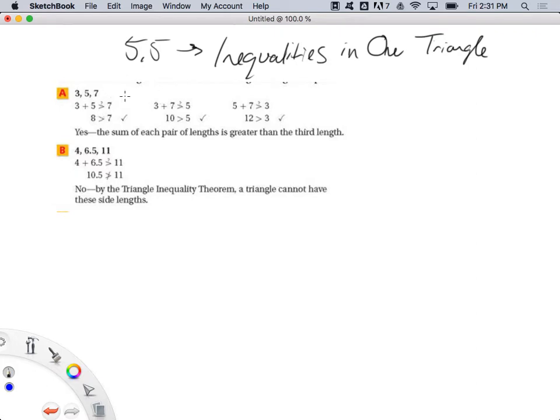That's good. 3 plus 7 is 10, which is bigger than 5. That's good. 5 plus 7 is 12, which is bigger than 3. That's good. So this can be a triangle. 4 plus 6.5 is not greater than 11. It's 10.5, which is less than 11. So this cannot be a triangle. You see? You guys remember that? This is very early in the semester. So we went over this stuff.